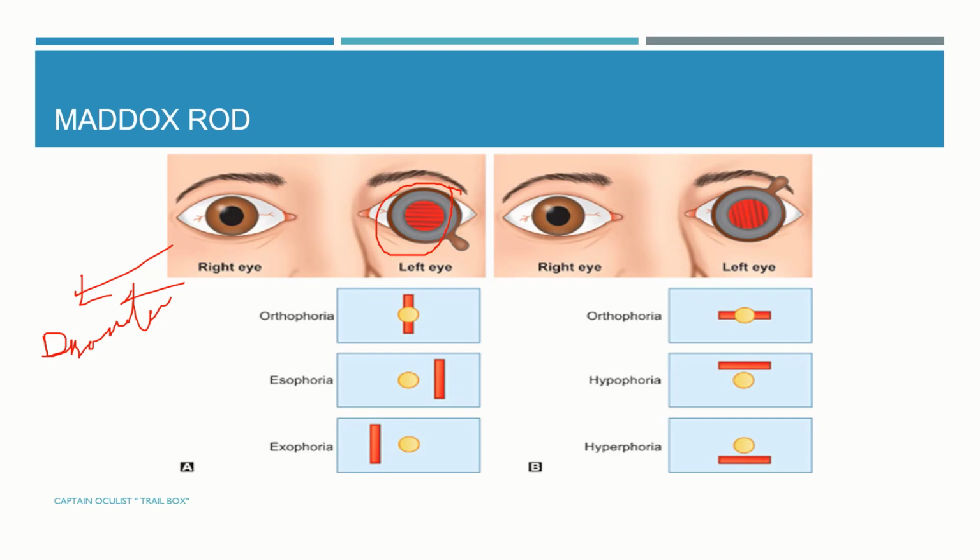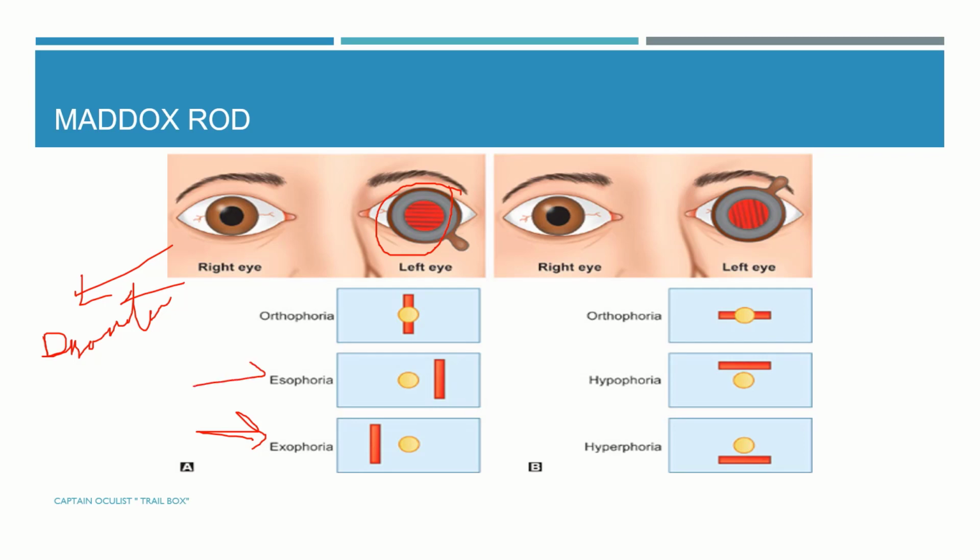In esophoria, the light will fall in an area temporal to the fovea, and the image is seen somewhere nasally. This brings about uncrossed diplopia.